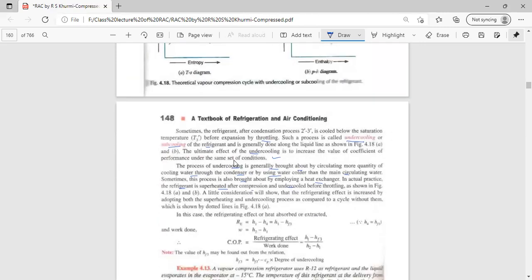The refrigerating effect is thus increased by adopting both superheating and undercooling, compared to a cycle without them.